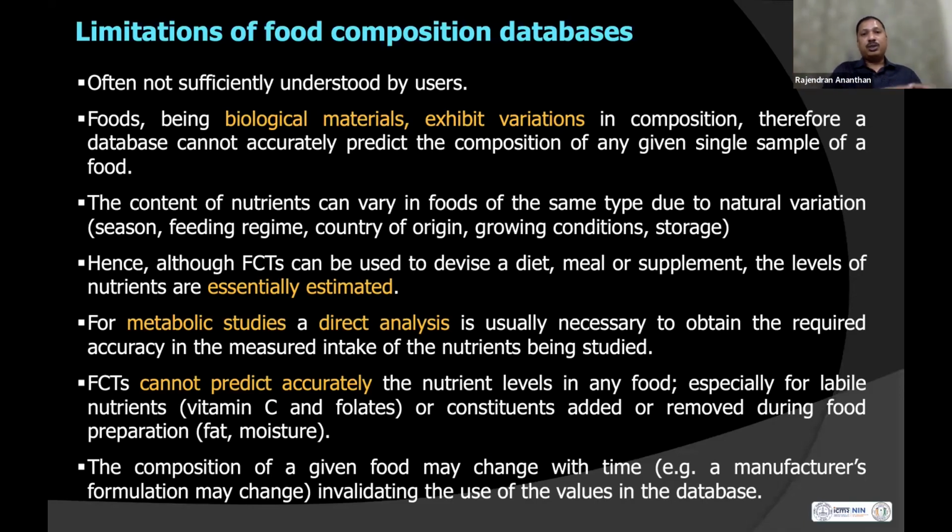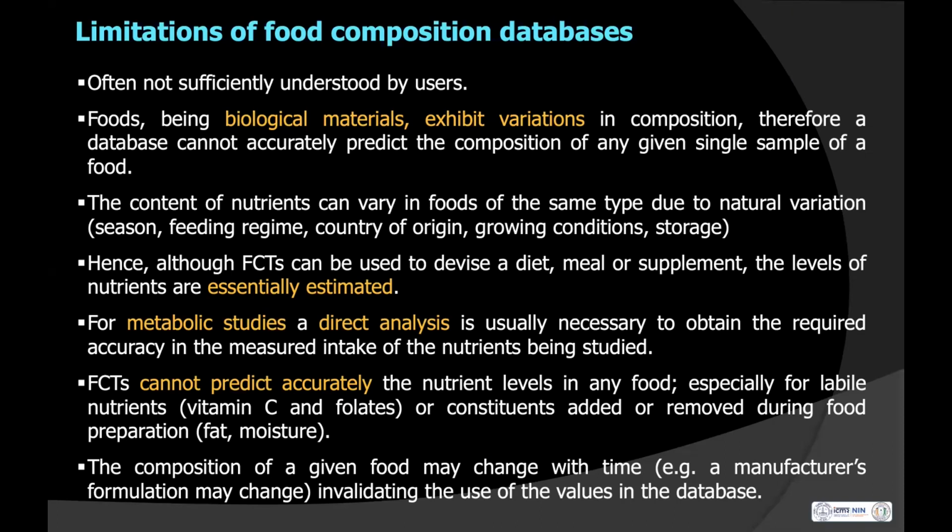Then we pooled them, followed by shipping. But if you look at the vitamin C content, sometimes when analyzing freshly collected food versus these composite samples, yes, there will be a variation in these kinds of sensitive nutrients. So we cannot compare exactly, and that biological variation is also accepted.